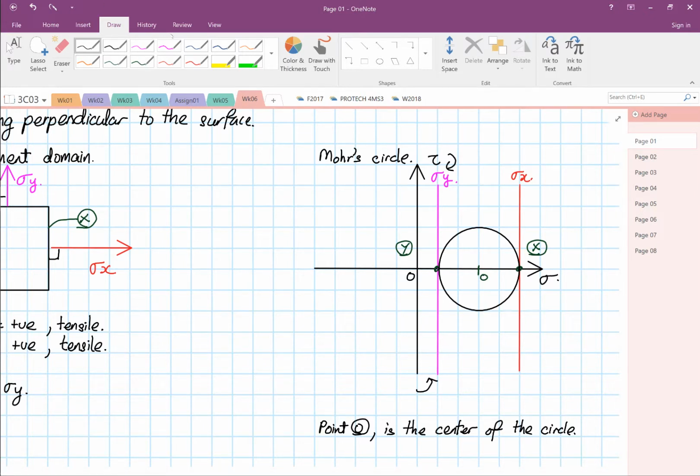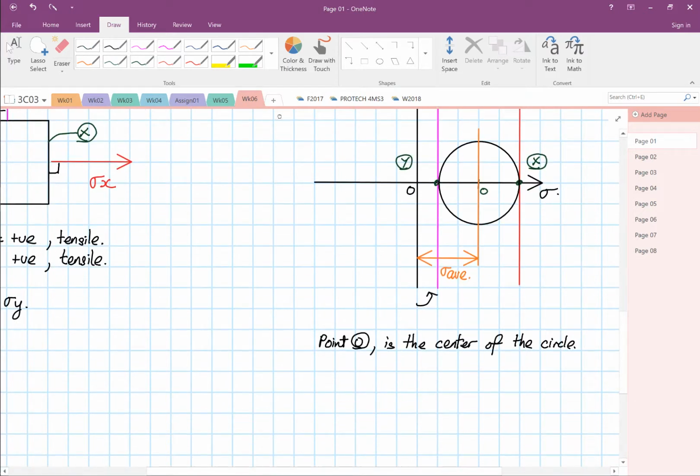Okay, at point O, if I'm going to draw a line coming down from point O, and then we're going to construct the distance from 0 stress to this over here. This is also corresponding to our average stress.